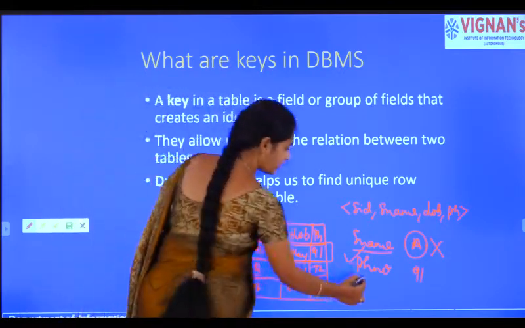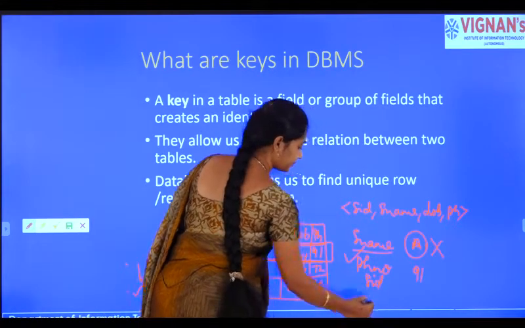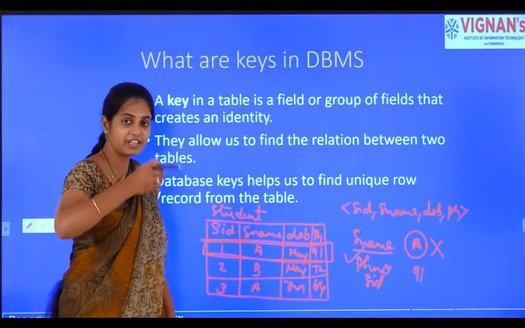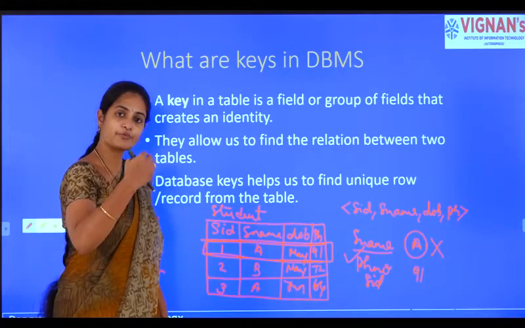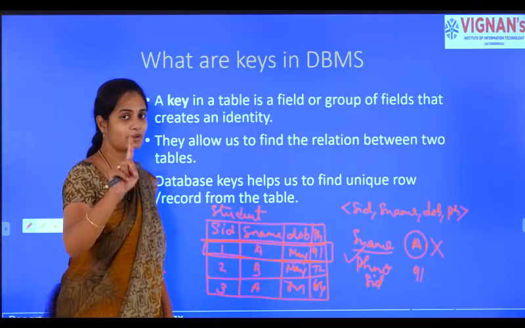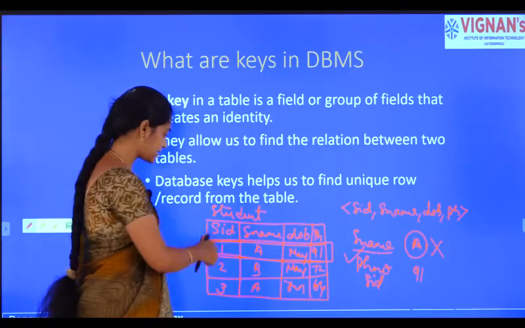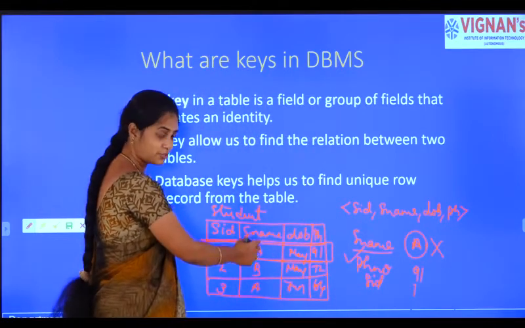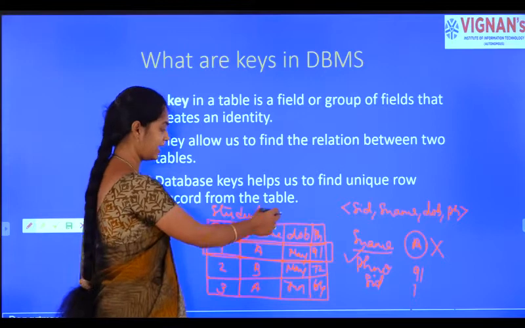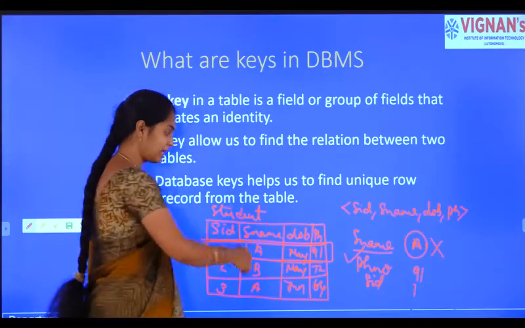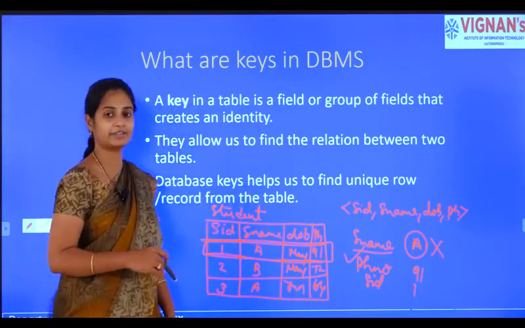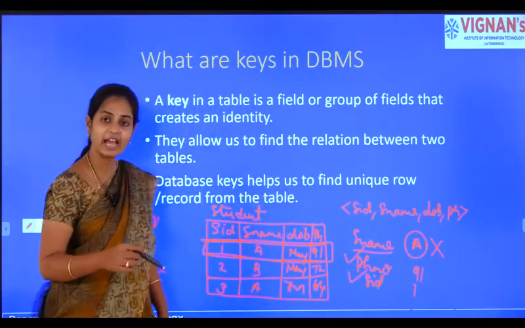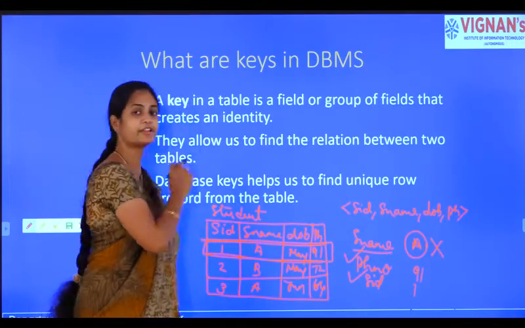Now we will consider one more thing, SID. So what is SID? SID is a registration number that we give to the students. For every student we give only one student ID. So using this SID, if we take 1, then 1 is the student ID of the student who has the name A, the date of birth May and the phone number 91. So using this SID also, you can uniquely identify the tuple of a relation.